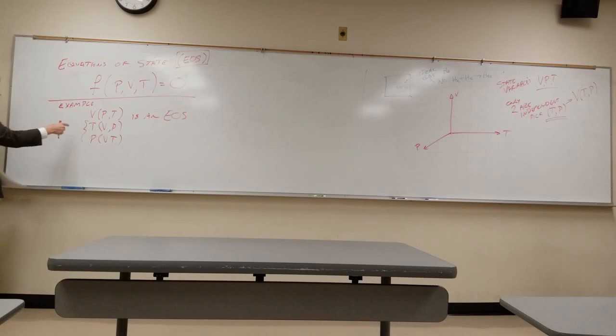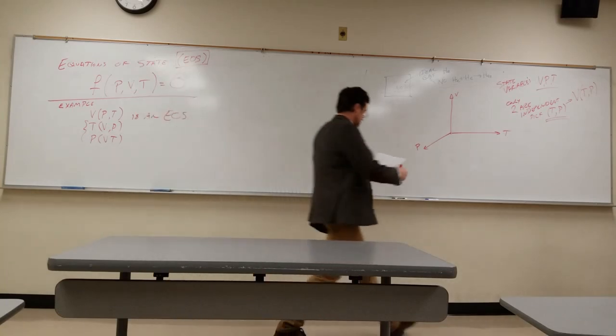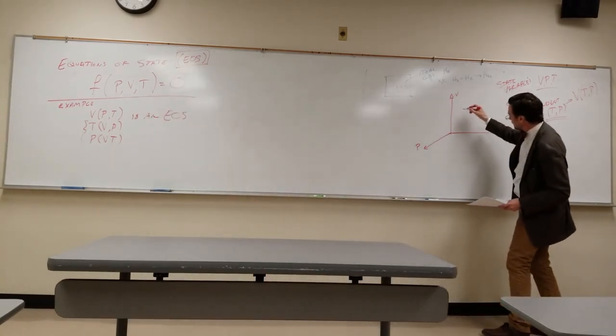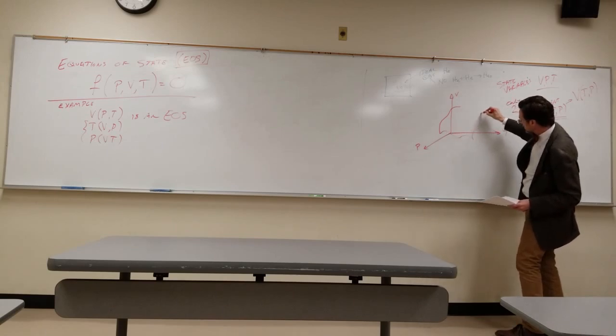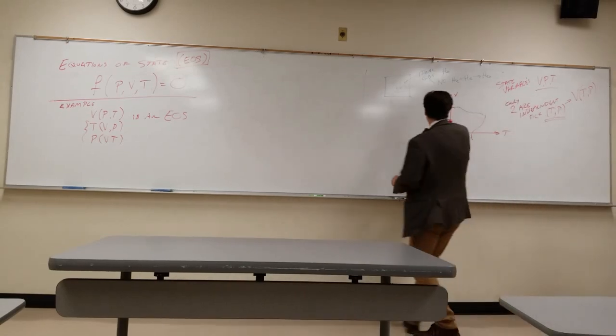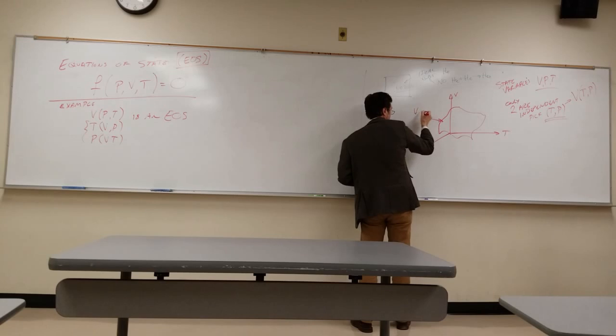So here though, we've decided we're going to pick pressure and temperature. And if we pick pressure and temperature, what that means is that we have some surface here, which is our volume as a function of pressure and temperature.